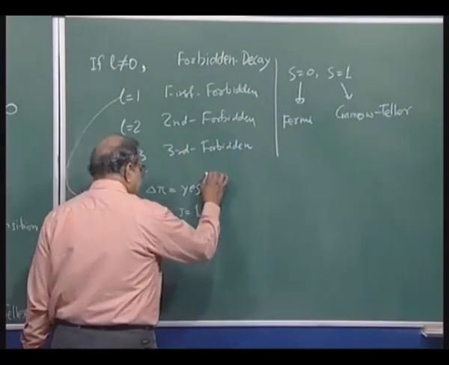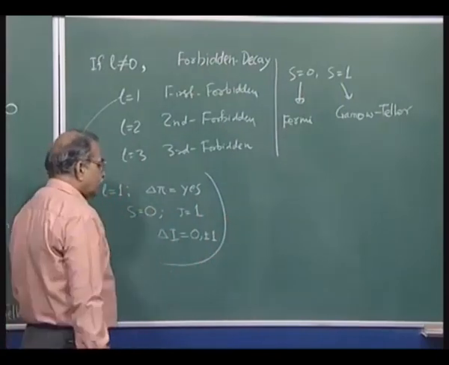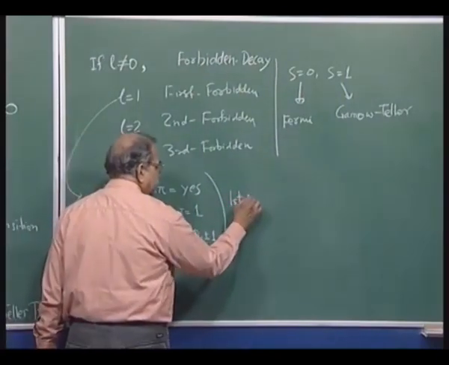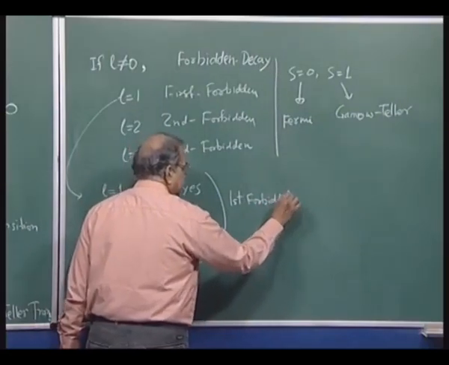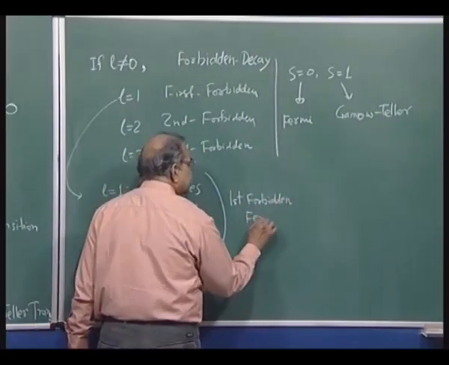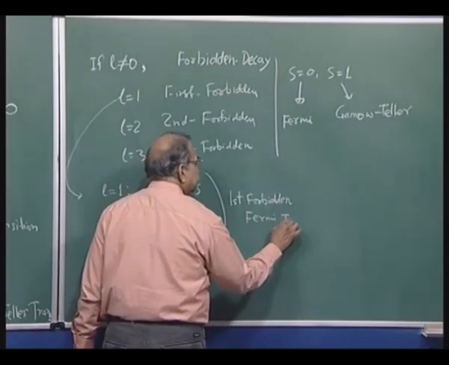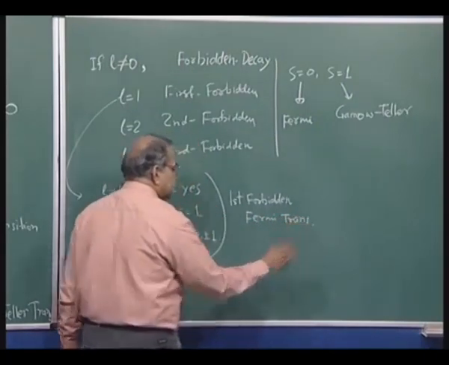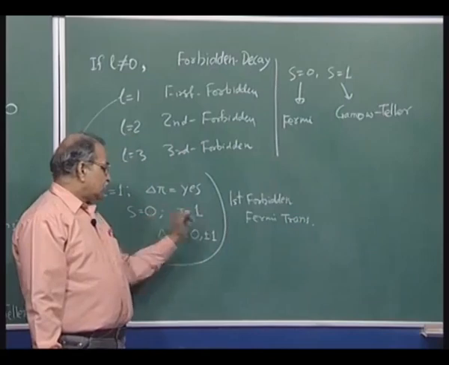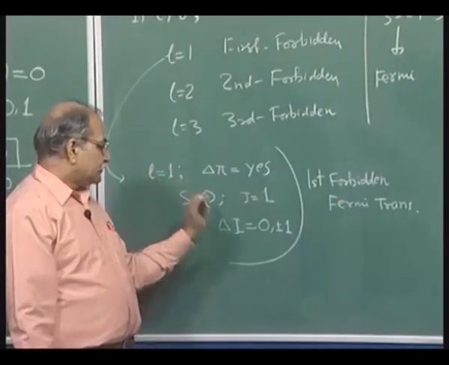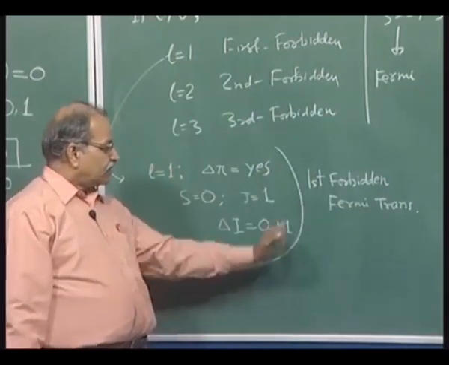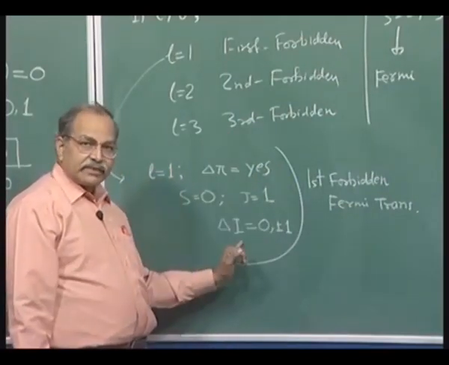This is the selection rule for first forbidden Fermi transitions, because S is equal to 0, it is a Fermi transition, and first forbidden because L is equal to 1.